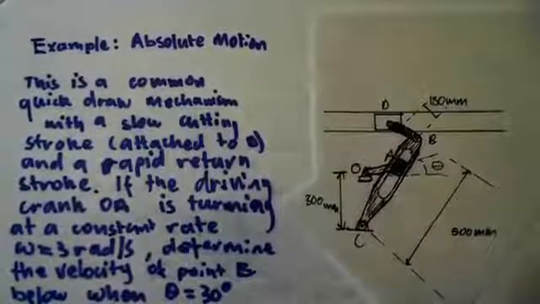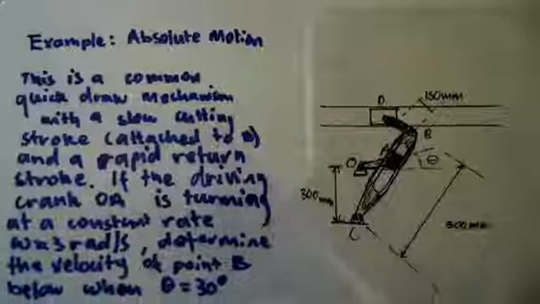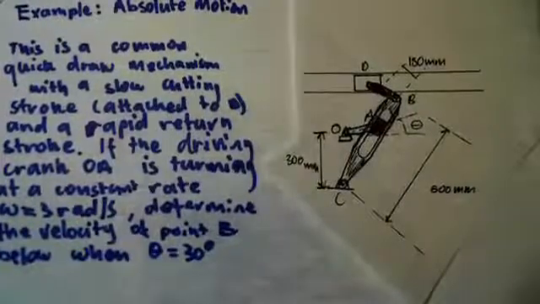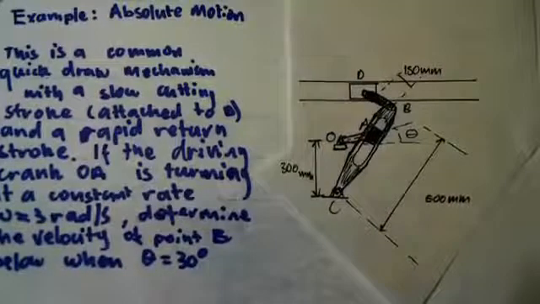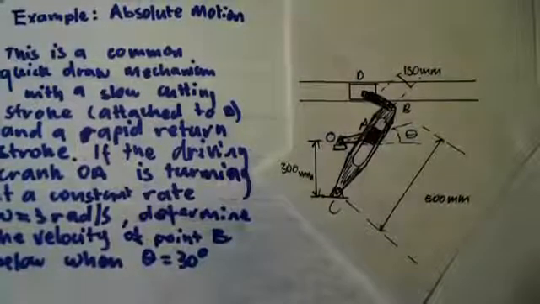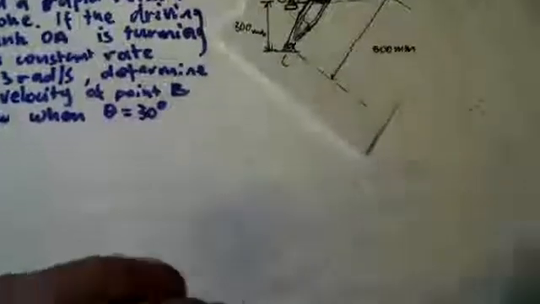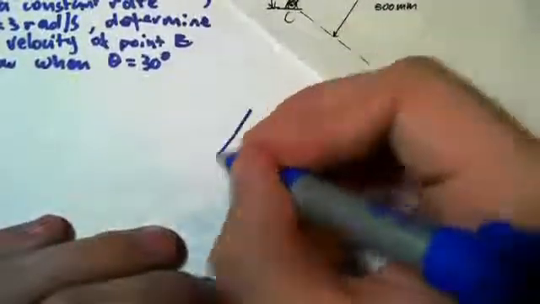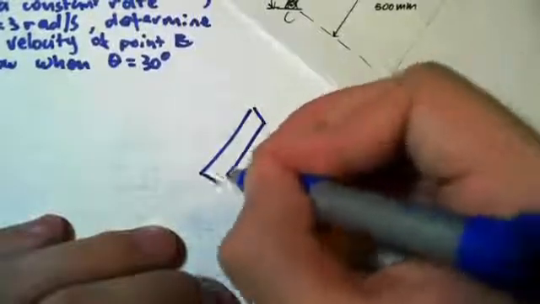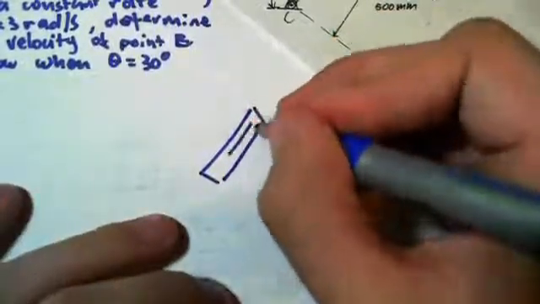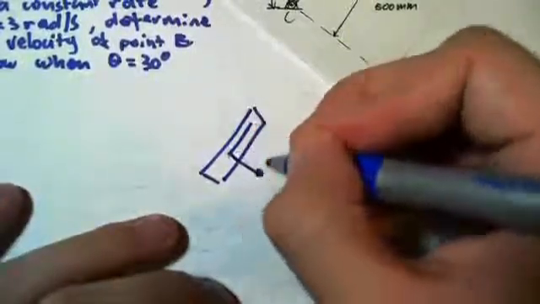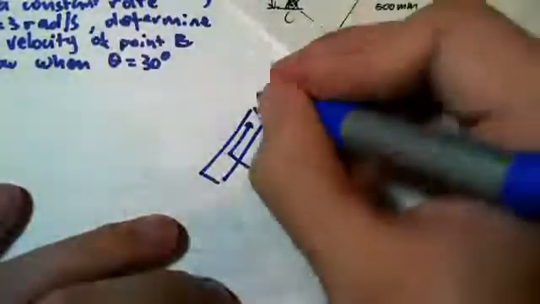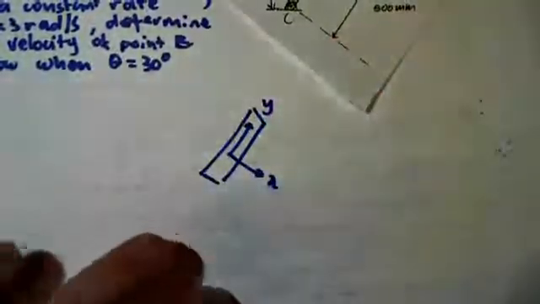Okay. So the first thing we're going to do is attach a rotating axis to the bar BC. So if we have the bar BC, this is a really primitive drawing, but if this is BC, we attach a lowercase x, lowercase y axis to it.